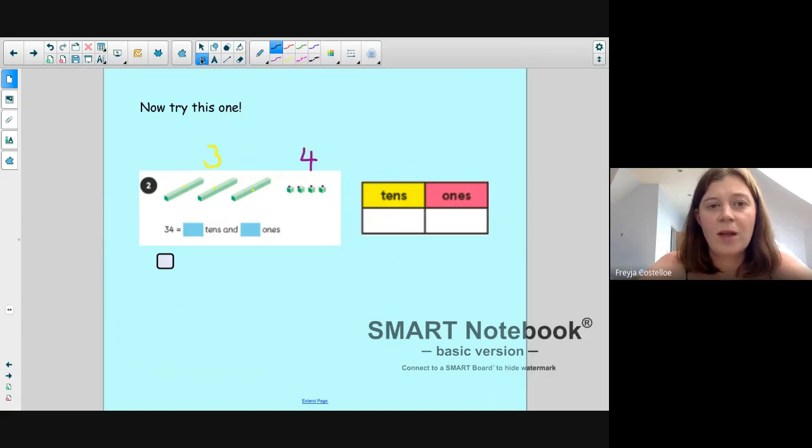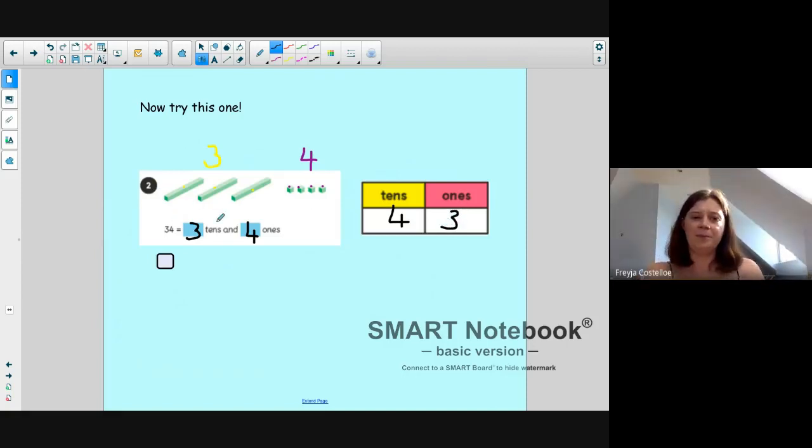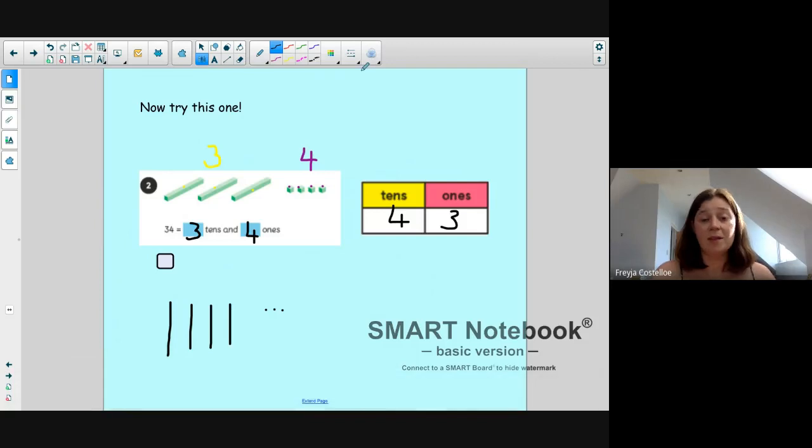Good. Well done, us. We've got 3 tens here, 4 ones. So I'm going to go like this. 4, my digits are 4 and 3. Is this right? I've got 43 here. It's not right, is it? Because if I had 43, I'd have 1, 2, 3, 4 sticks and 1, 2, 3 ones. That's not what I've got.